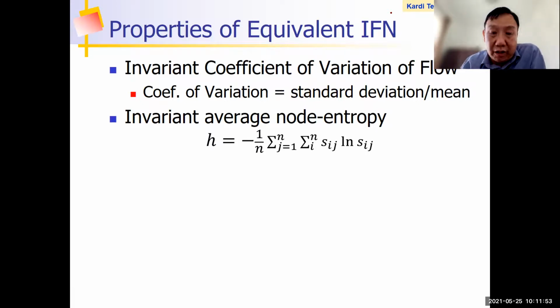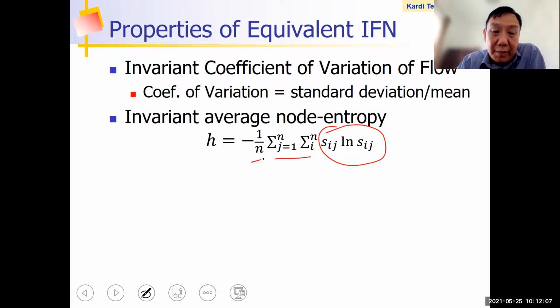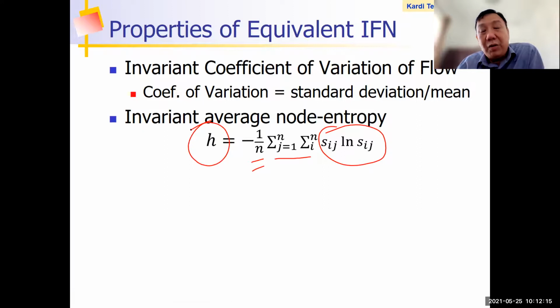This is how you calculate it: you get the stochastic matrix, multiply by S, do the double sum, and divide by the total number of nodes. This is the average node entropy. They are also the same, regardless of your scaling. It will not change.